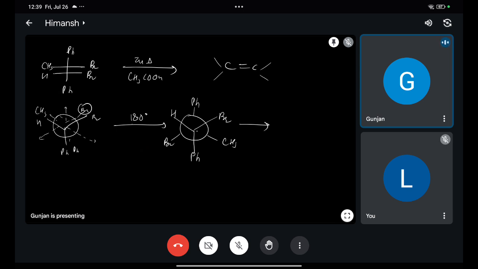So we are eliminating this Br out, and we are getting this type of framework. At pH over here, CH3 over here, pH and H.